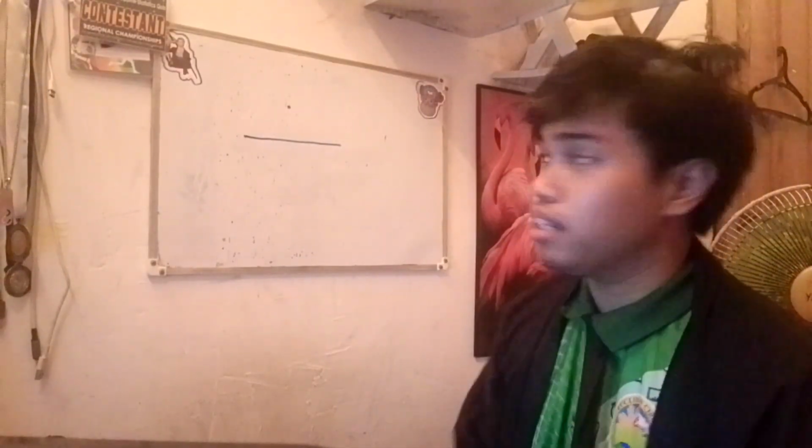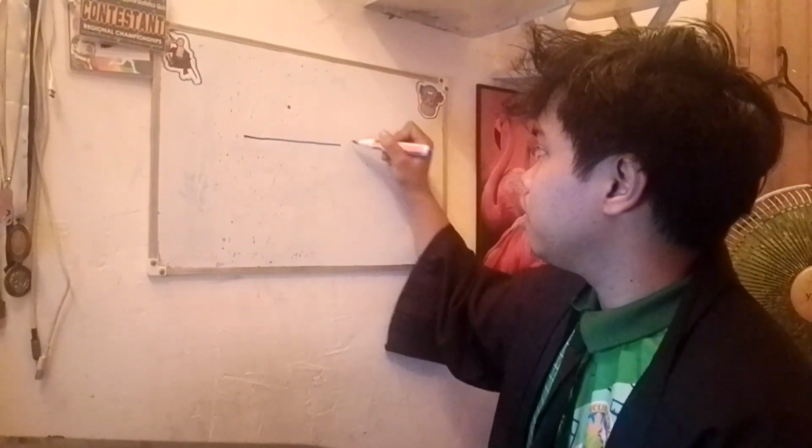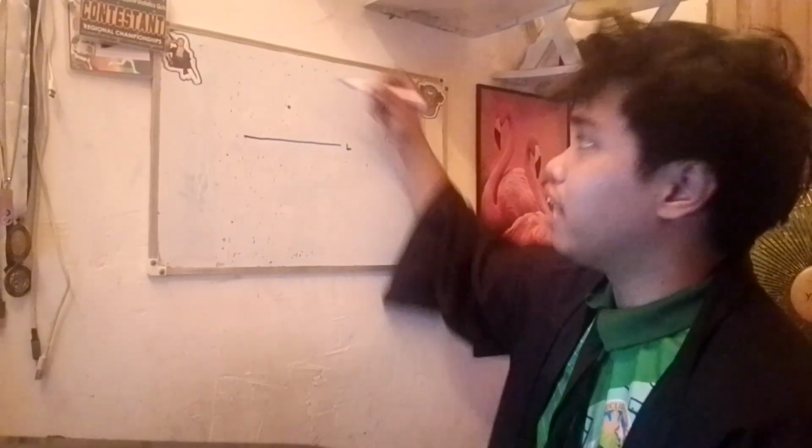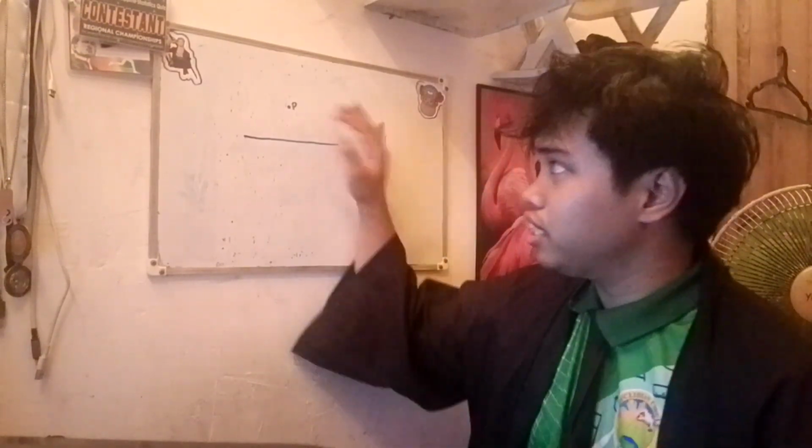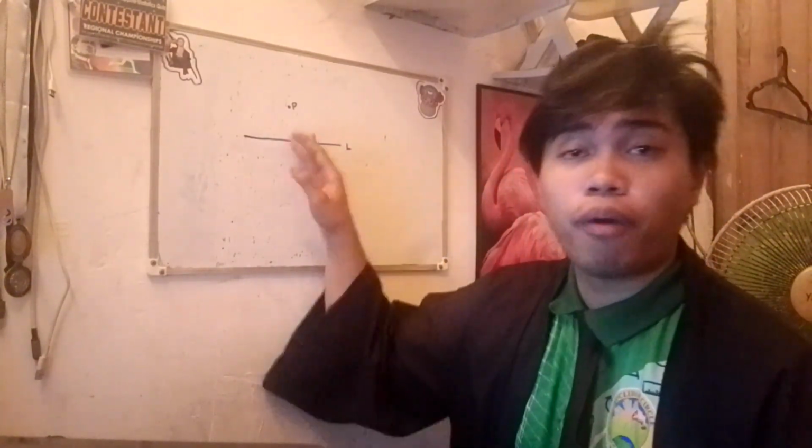In the statement, this is the line L and this is the point P. Let's imagine that this line L is actually a road, and this point P is where you stand beside the road.